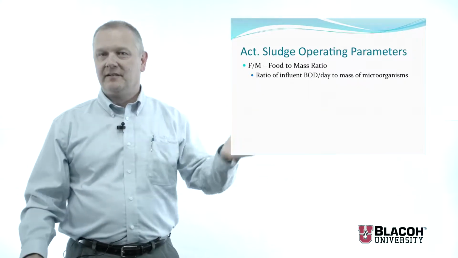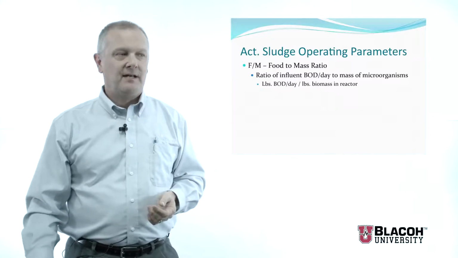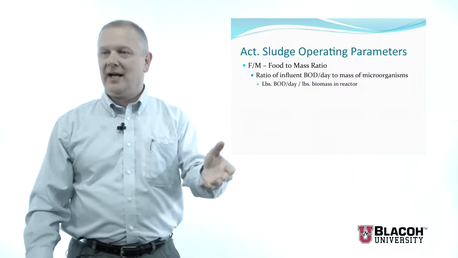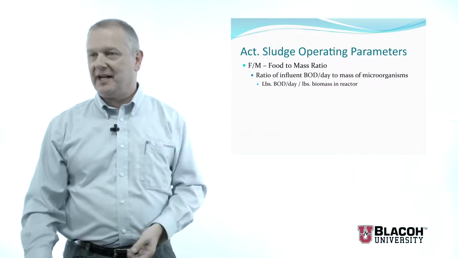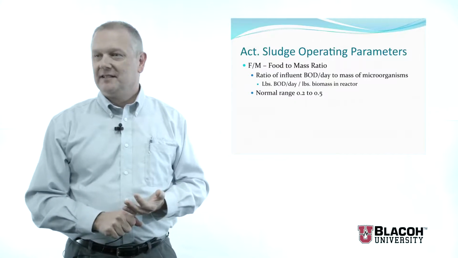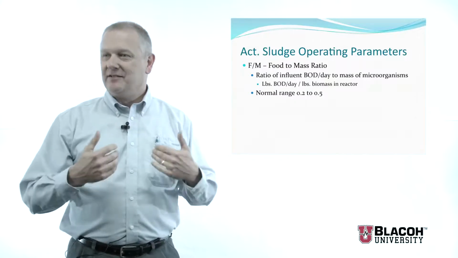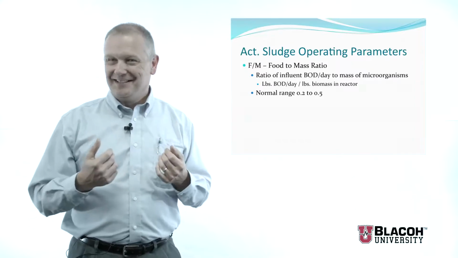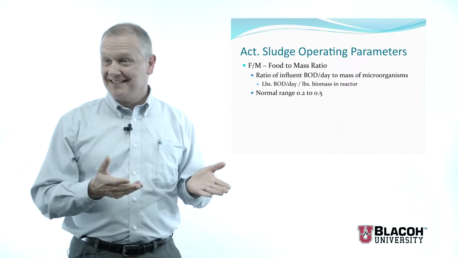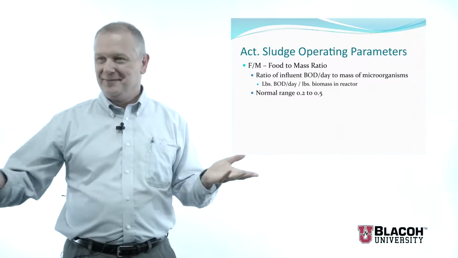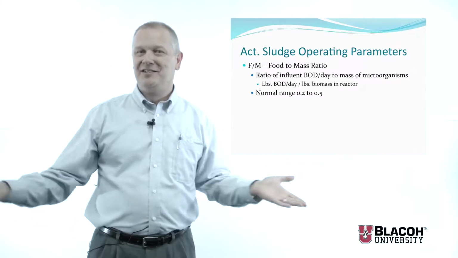The same is true of microorganisms. This is measured in pounds of BOD per day divided by pounds of biomass or solids in the reactor. Normal range is 0.2 to 0.5. You or I couldn't eat 20 to 50% of our body weight in food every day, but microorganisms do. They have much higher metabolisms than you or I do, which is lucky because otherwise we'd be drowning in waste in the world, right?